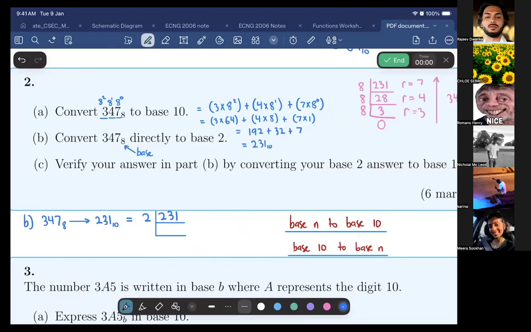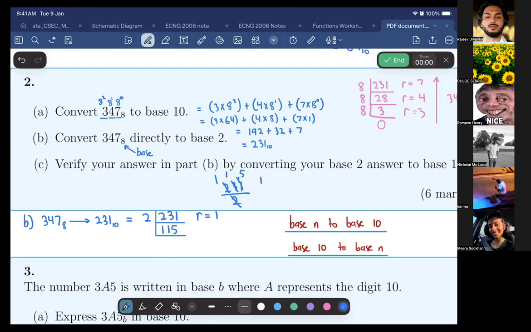I'm not stopping you from using a calculator. You can do the old-fashioned way that you learned in SCA. 2 into 3 is 1, remainder 1. 2 into 11 is 5, remainder 1. So that'll be 115 with a remainder of 1.